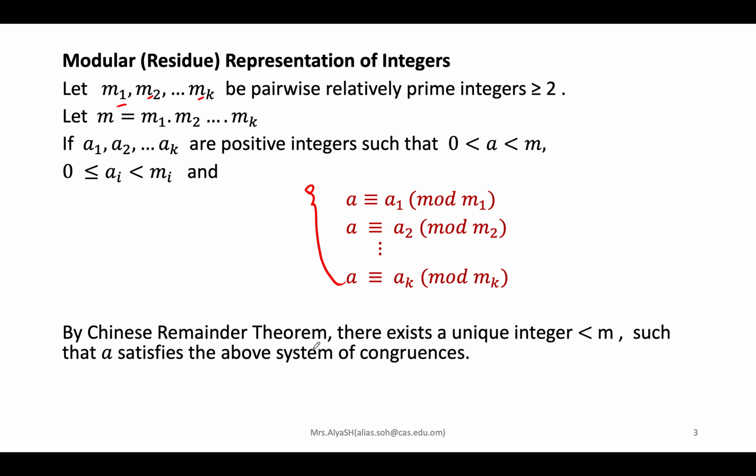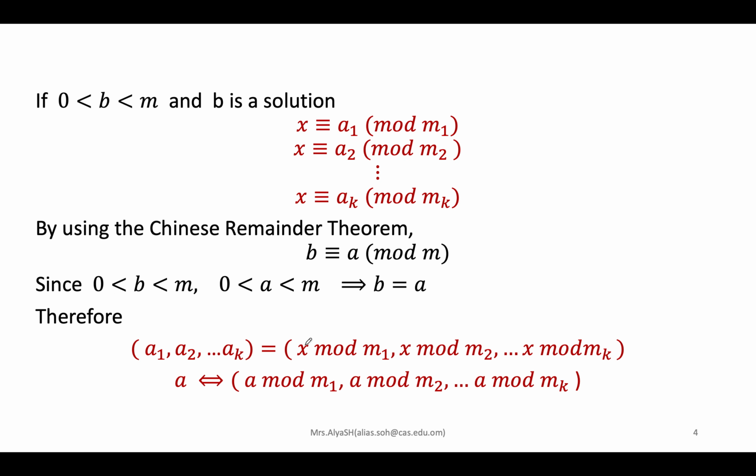If b is greater than 0 and less than m and b is the solution, then from the following congruence system, by using the Chinese remainder theorem, we get that b is congruent to a mod m. Then we can use the following representation to represent the system of congruence here.